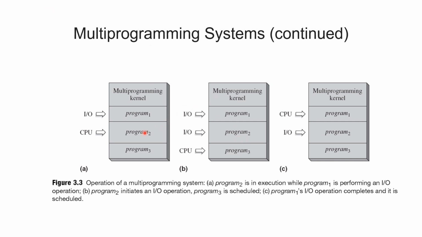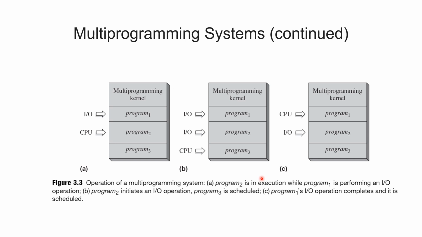To perform CPU execution, we need scheduling operations. This multiprogramming system uses a simple scheduling policy, and resources like input output and the CPU must be allocated to each and every program. For that we need a resource allocation technique.